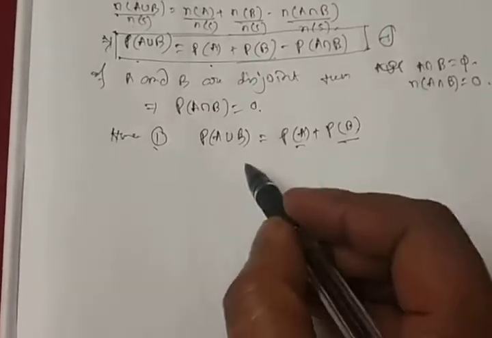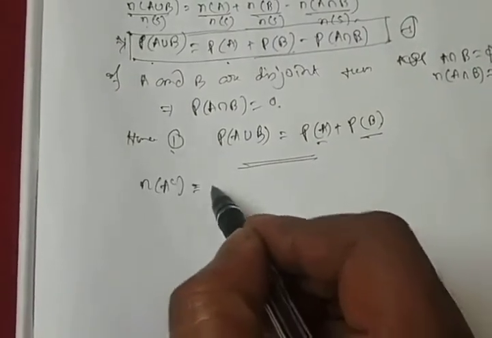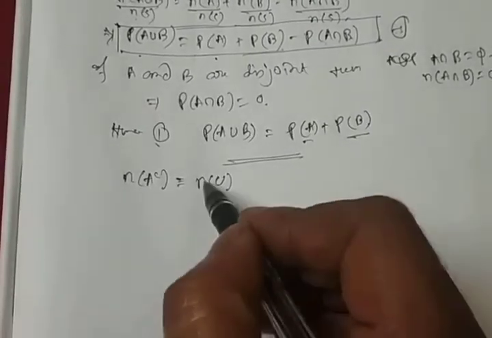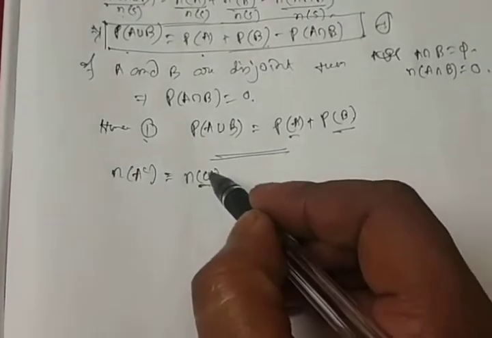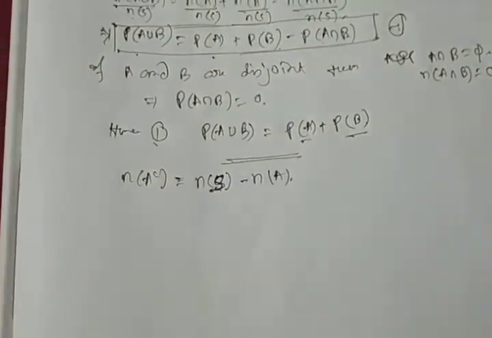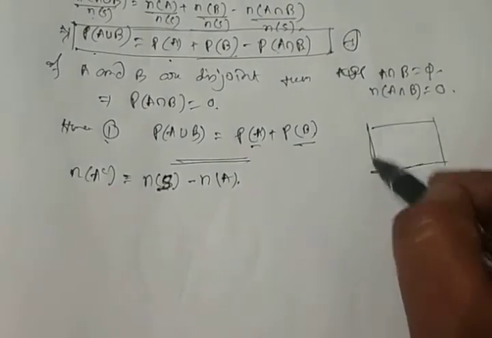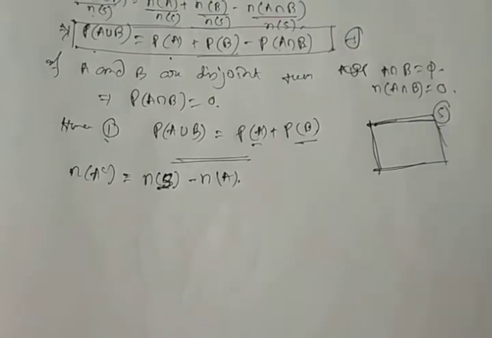Now we know n of A complement equals n of U. Here n of U means n of S, the sample space, since the sample space is used as the universal set.